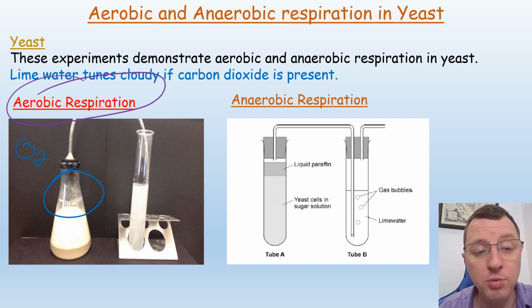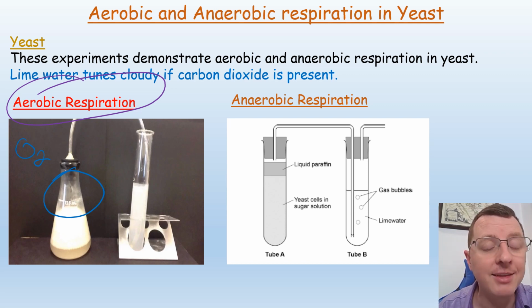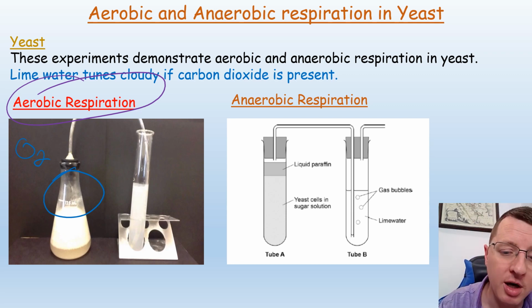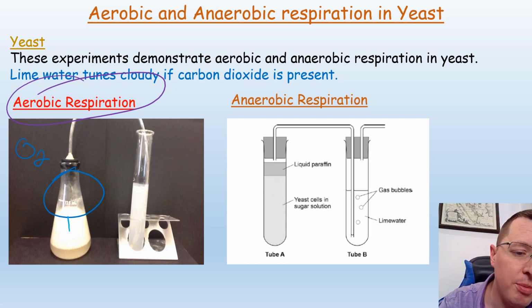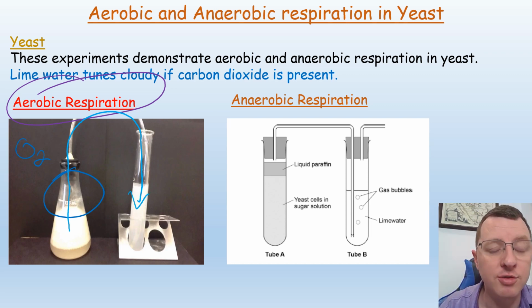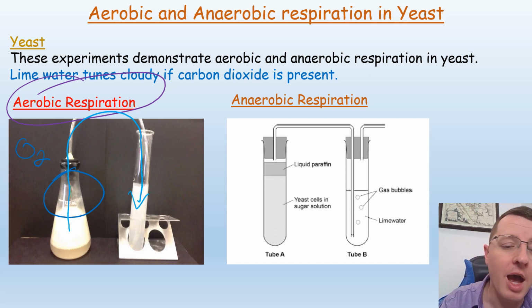So the glucose plus the oxygen will combine together to produce carbon dioxide and water, and energy will be released in the form of ATP. And you can see that the carbon dioxide that is produced carries on up and out of this conical flask through this delivery tube and into a test tube containing lime water, and the test tube turns cloudy.